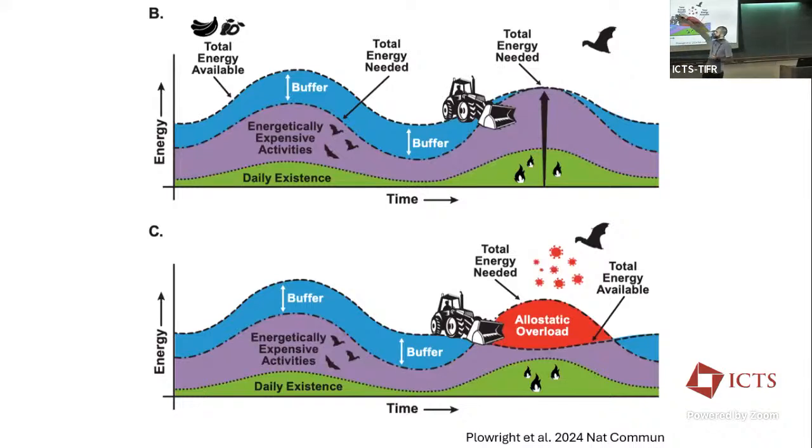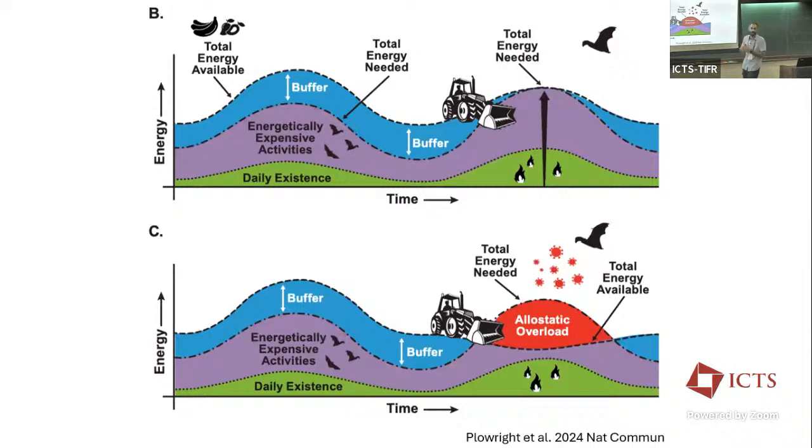So stressors can begin to change this energy budget, right? Say land use change has decreased the amount of things that are in the environment, like maybe this blue bar has come down, or something has changed in the environment that increases the daily cost of just being in that environment.